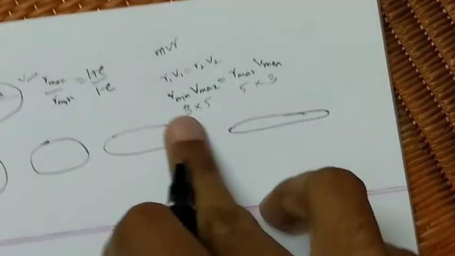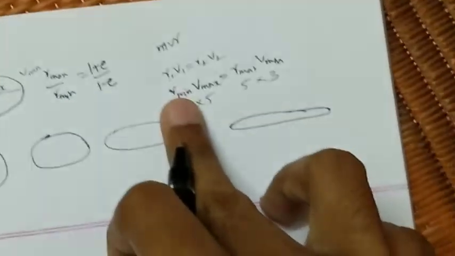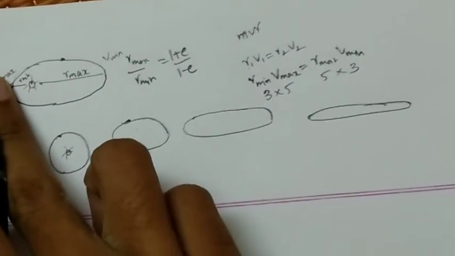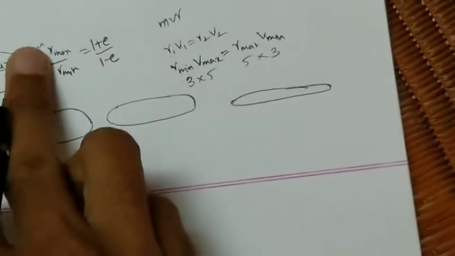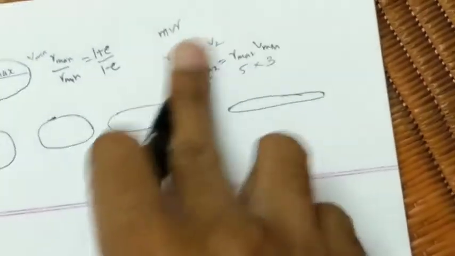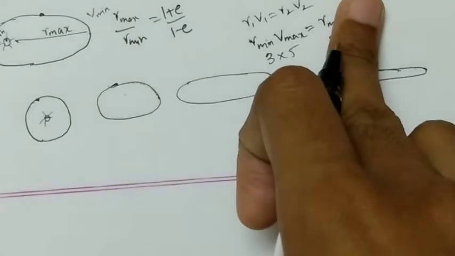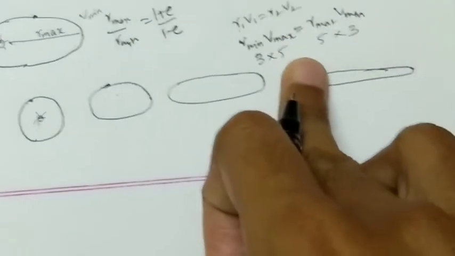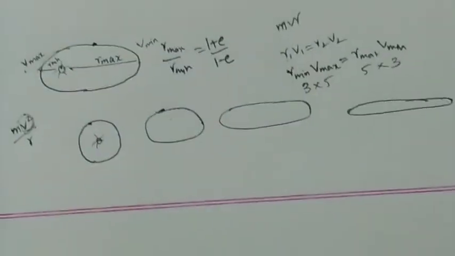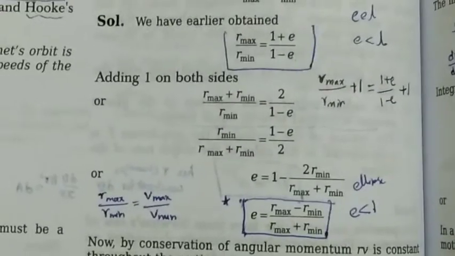So that's why at minimum distance the velocity has to be maximum, and at maximum distance the velocity has to be minimum, in order to keep this law of conservation of angular momentum. So now coming to our problem.